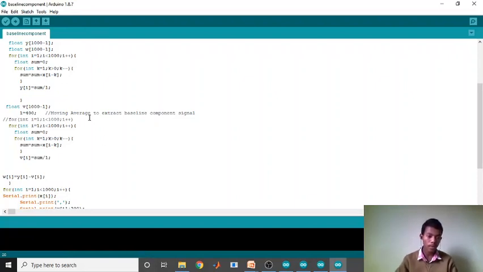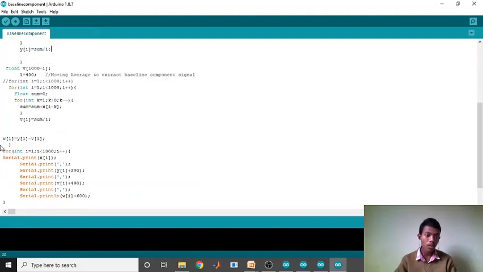I am extracting the baseline component, so I am using L equal to 400. I use our input signal, so I will get V, my baseline drift component. To get the exact PPG signal as it is, I will remove the baseline drift component from Y.